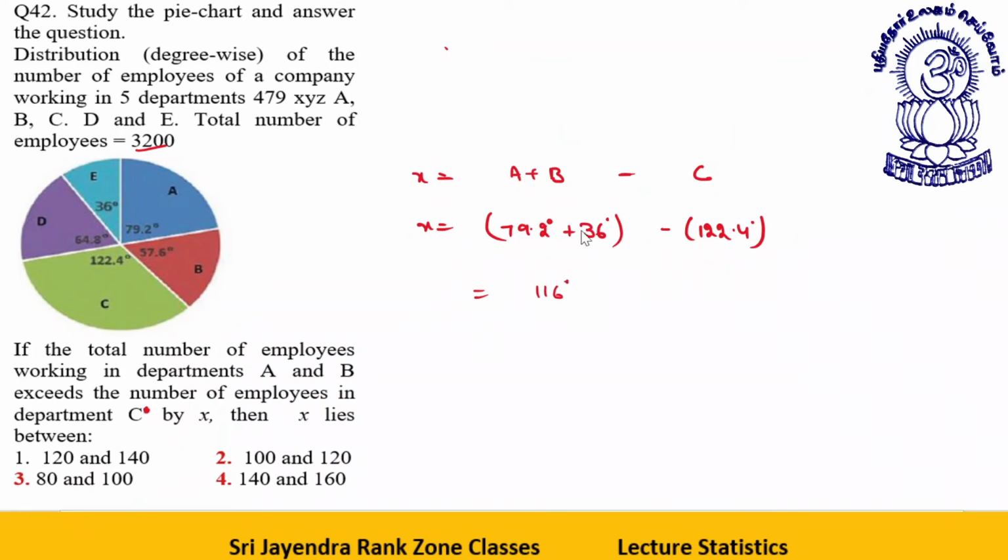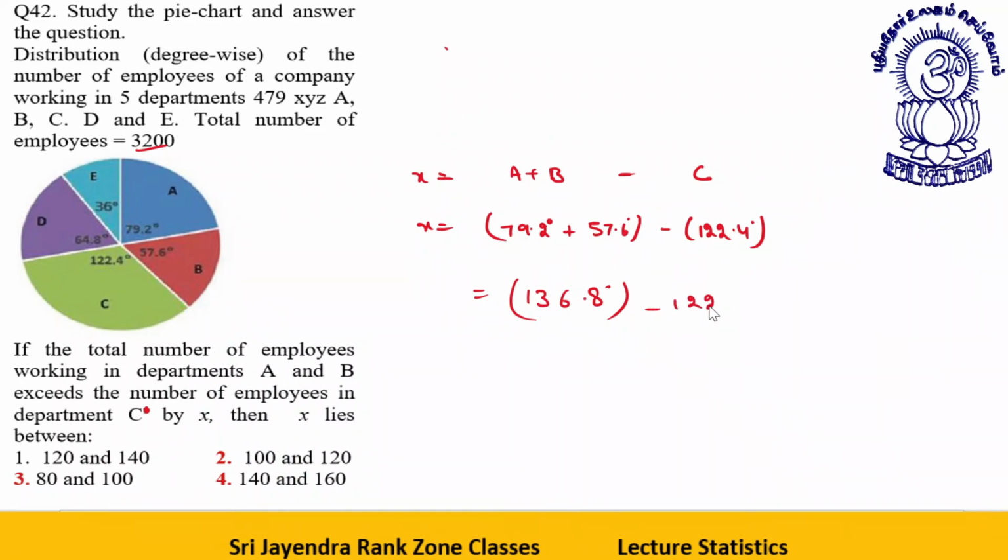Oh, I wrote A plus E here, this is A plus B. 79.2 plus 57.6: 2 and 6 is 0.8 degree, then 9 and 7 is 6, carry 1, and this gives 136.8 degree.